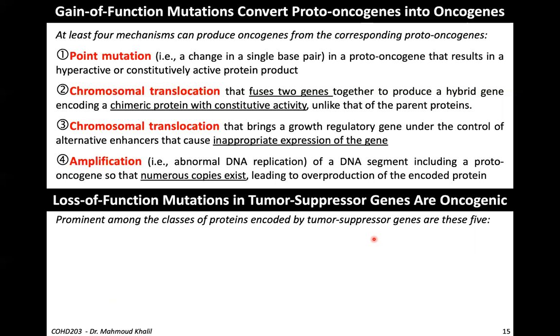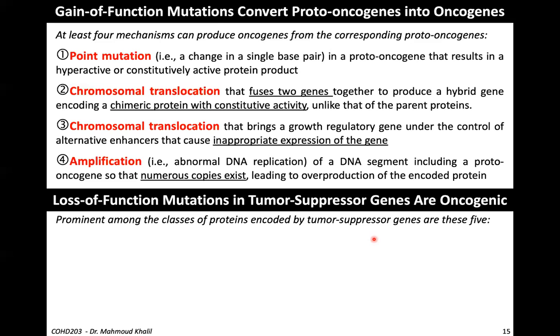So all these 4 mechanisms lead to a gain of function mutation that may convert a proto-oncogene, a gene that normally has a basal level of expression, into an oncogene with a higher level of expression. And these genes are actually concerned with the cell cycle, progression, or cell division. This will enable cells to undergo a lot of rounds of replication.